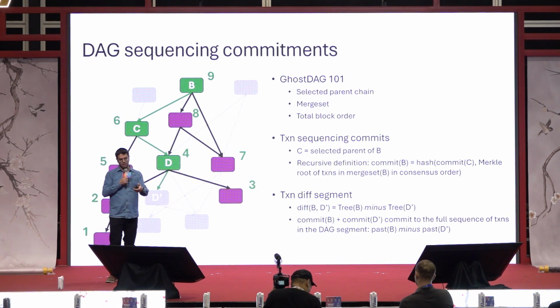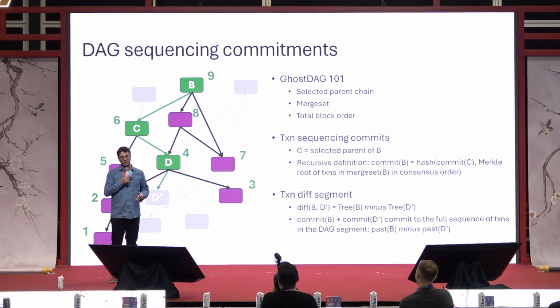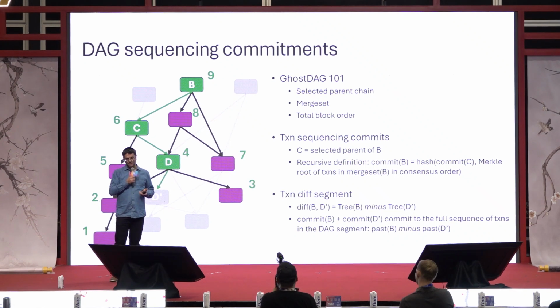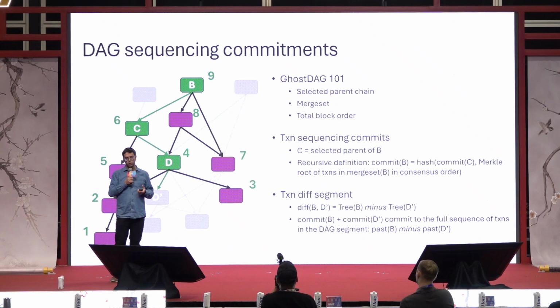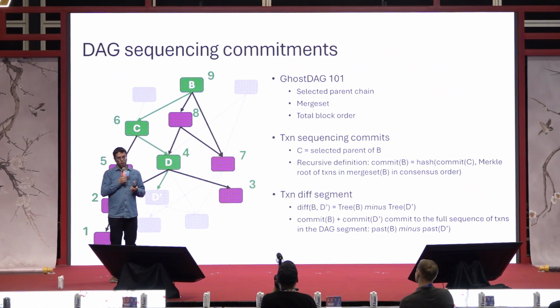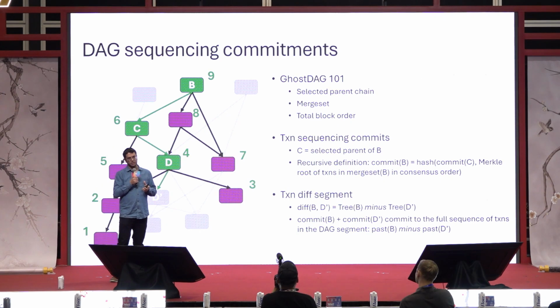And if you look at two such blocks, if we take D tag at the bottom and B at the top, so we're looking at all these blocks from 1 to 9, you can see that the two commitments, the commit of D tag and the commit of B, both uniquely describe this specific DAG segment.